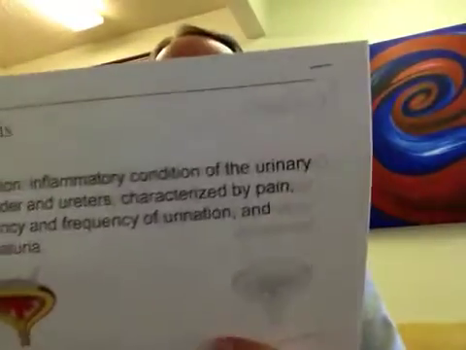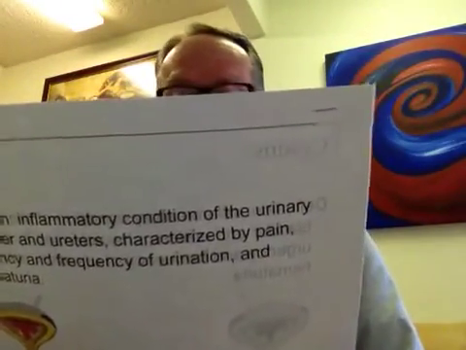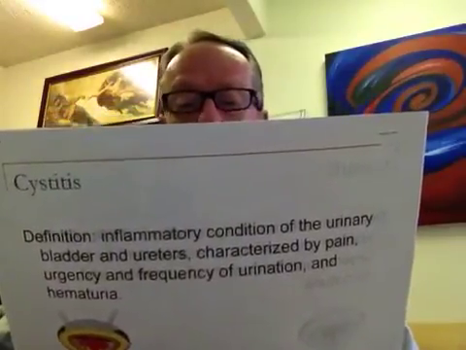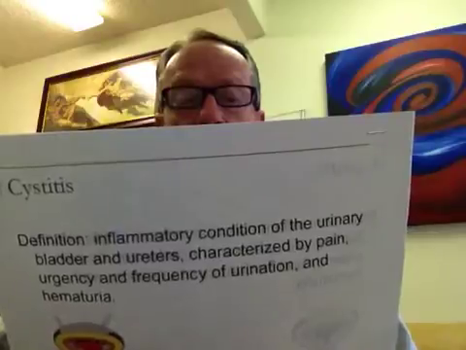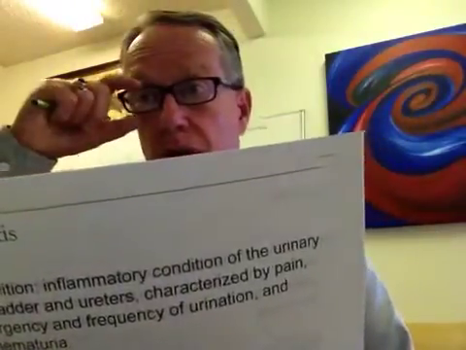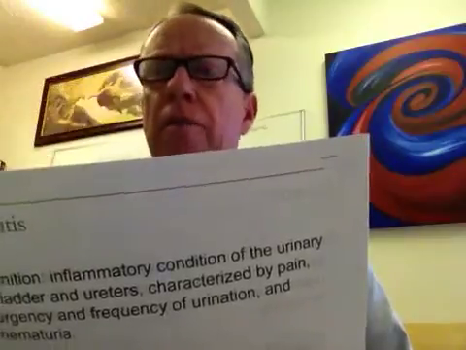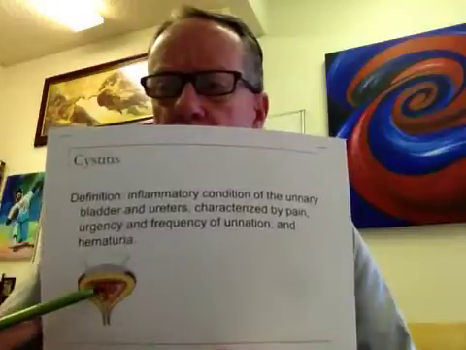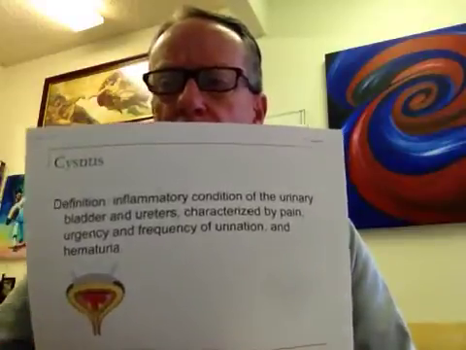The inflammation of the bladder could lead to pain, frequency, and urgency of urination, and it could result in hematuria. It's never a good thing to see blood in the urine. It can indicate a number of different pathologies, and one of those is inflammation of the bladder proper.